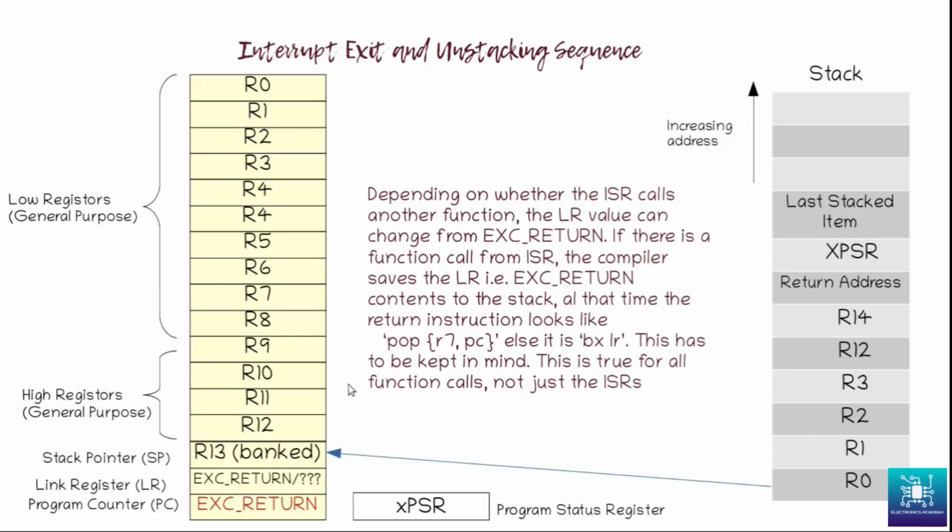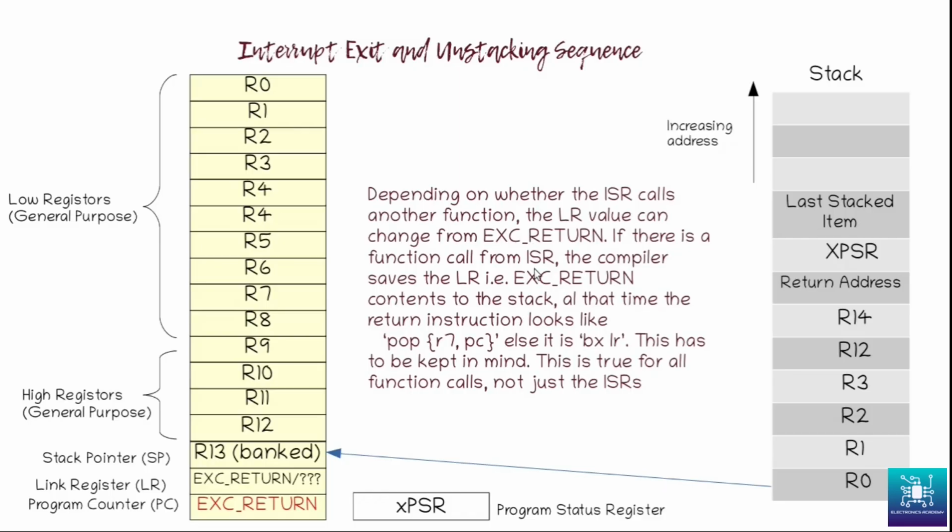Though we are supposed to keep the ISR quite brief, sometimes we might call a small function from an ISR. Now, when a function gets called from another function, of course, the LR value at that stage is going to be overwritten, because we are doing a BL and switch to the other function in assembly. So when the LR value gets overwritten, we had EXC return here, so the EXC return value will be lost.